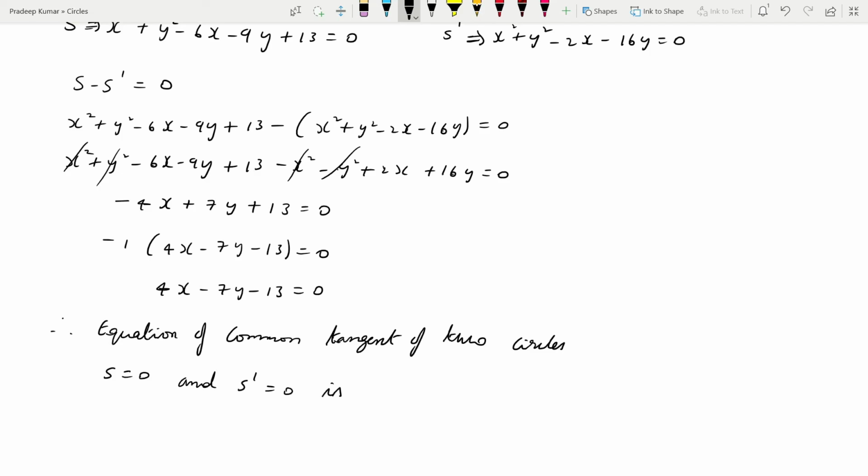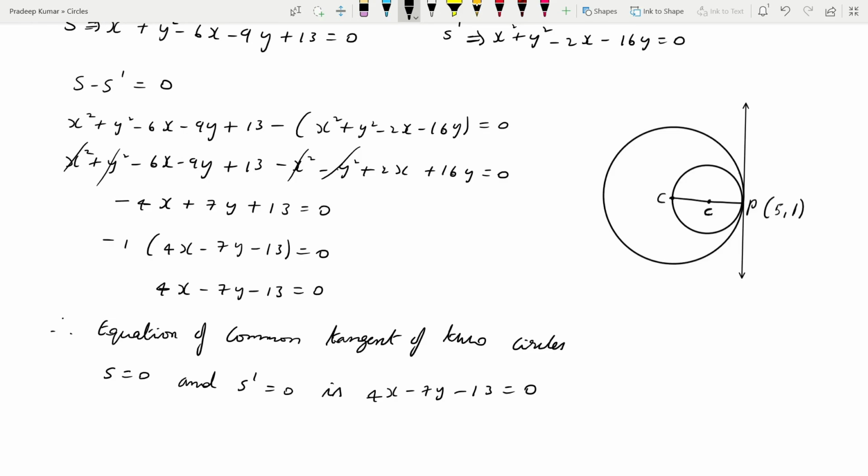Instead of writing the complete equations of both circles, the first circle we took as S, so that is S equal to 0, and the second circle we have taken as S dash, so that is S dash equal to 0. The tangent we got is 4x minus 7y minus 13 equal to 0.